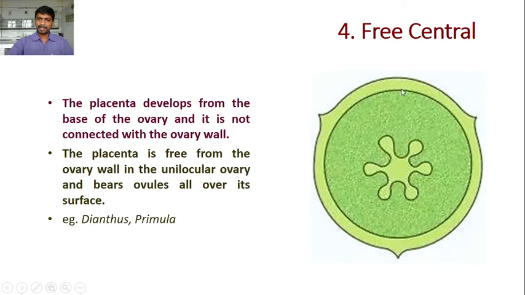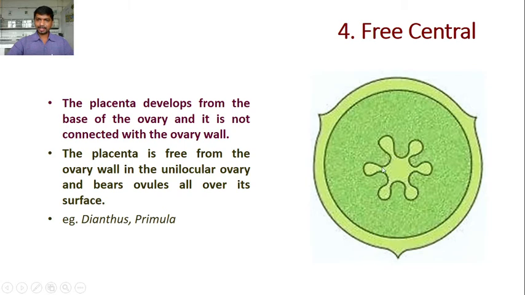If you make a partition, the ovary becomes bilocular, but here there is no partition, no septum, so the ovary is unilocular. It bears ovules all over the surface. So here we can see these are the ovules which have developed all over the surface of the placenta.